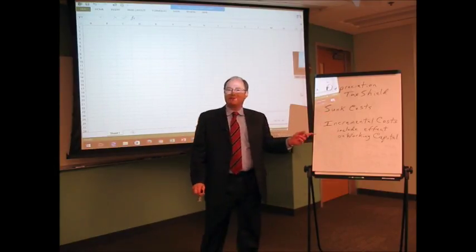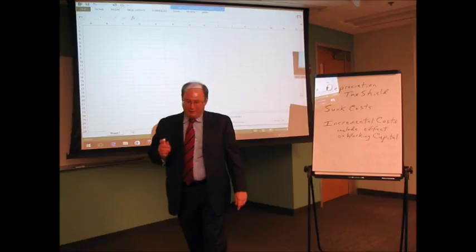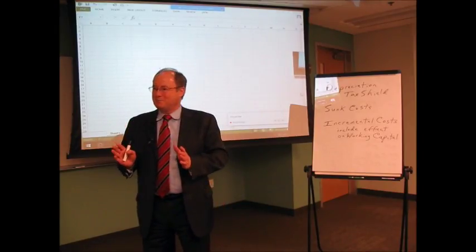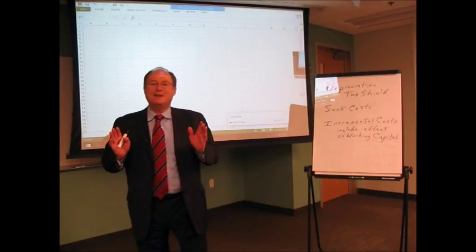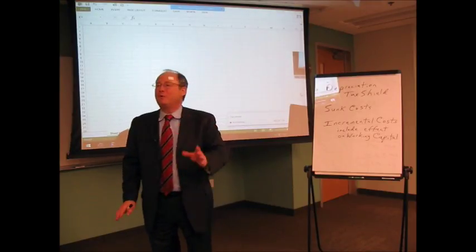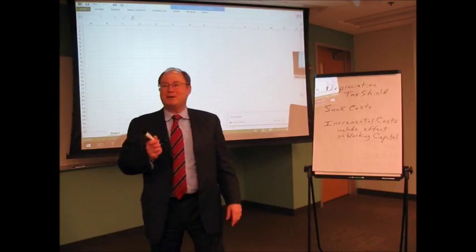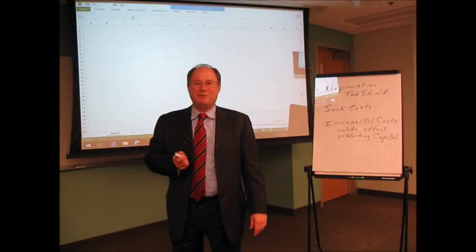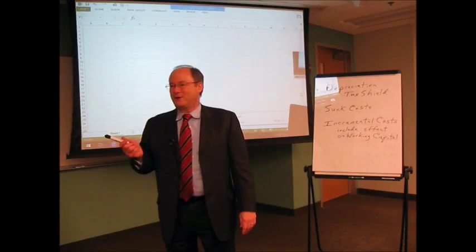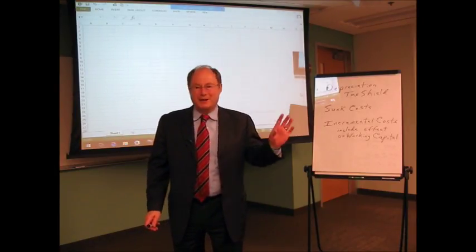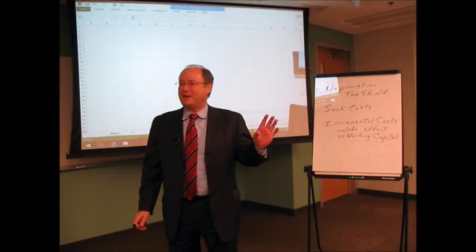Point number 2, sunk costs. Every time the U.S. Defense Department argues to keep some military system in place, invariably, they say, we've already spent $3 billion on this. Let me tell you something from a finance perspective. If the future cash flows on that project are going to be negative, it doesn't matter what's been spent in the past.